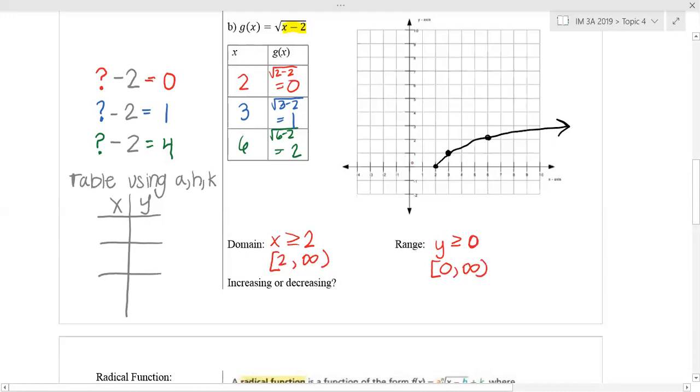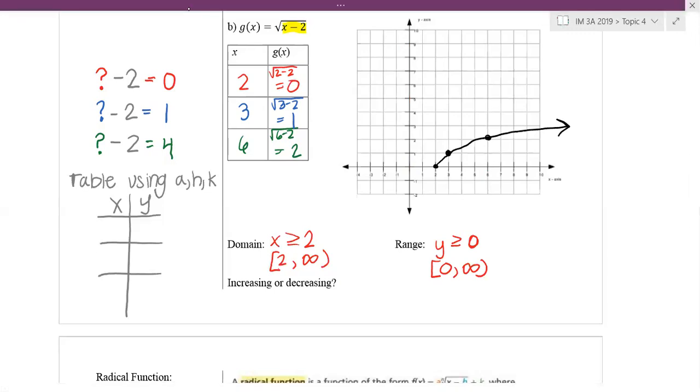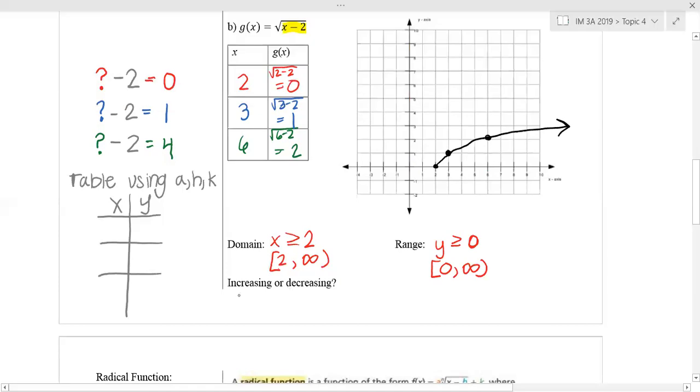So my graph starts at 0 vertically, and then it keeps going on forever, right? So my graph will increase forever in that direction, because as x gets bigger, y increases as well. So as x increases, y increases.